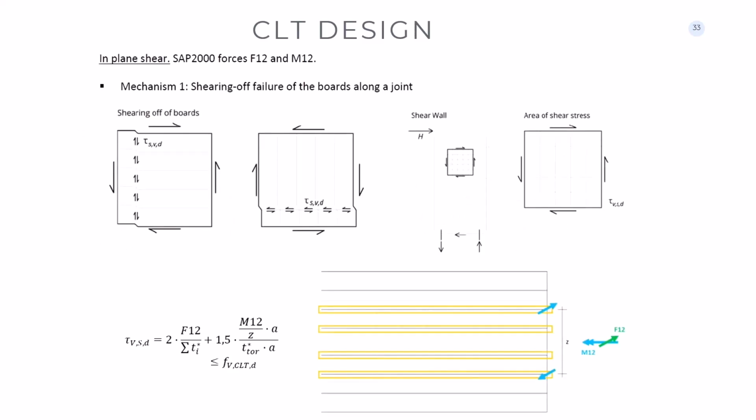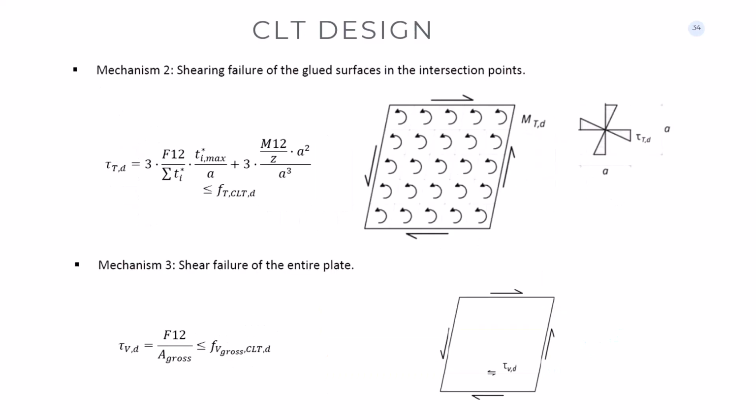This effect is taken into account by the University of Graz with this formula, and you can calculate this shear that doesn't exist in other types of materials. It's another type of rupture mechanism. All of them have to be checked.